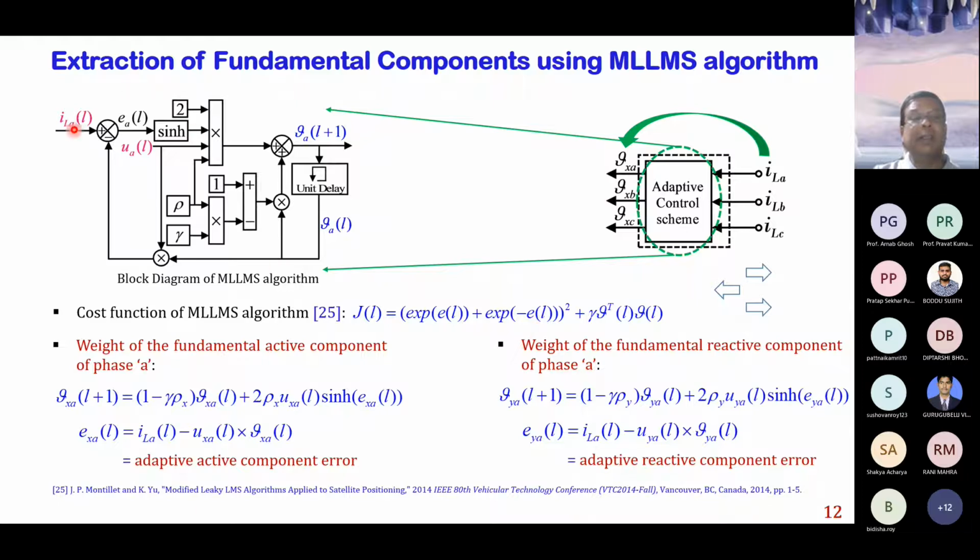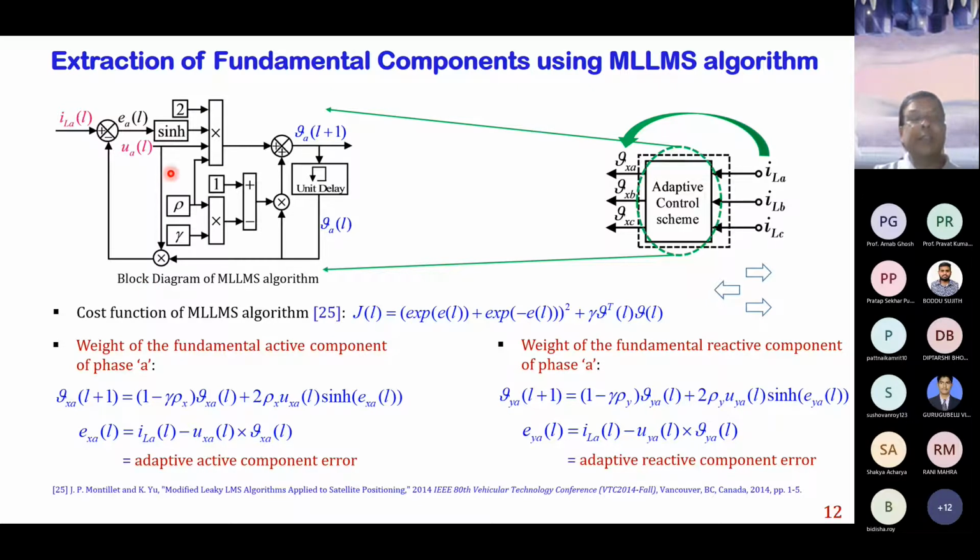And then this is the block diagram of the modified Leaky LMS algorithm, where we have the load current and this VAL, and then this is compared with VAL multiplied by this unit template.